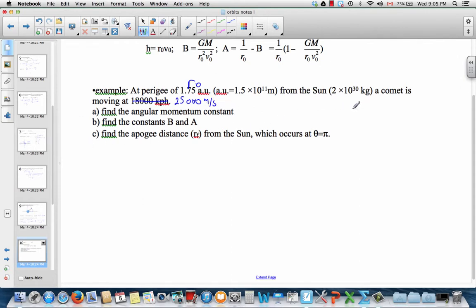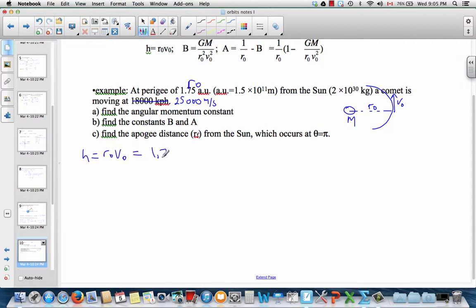Okay, so at the point of closest approach, so here's big M, at the point of closest approach, the velocity is perpendicular. So the angular momentum, as we have argued, is just R naught V naught.